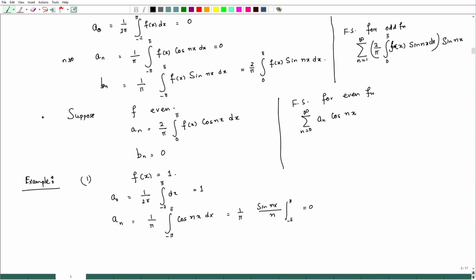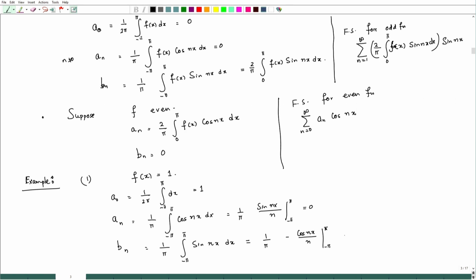Now, you compute b_n, which is equal to 1 by pi, integral from minus pi to pi of sin(nx) dx. Now, this is equal to 1 by pi, this one is minus cos(nx) by n, from minus pi to pi.